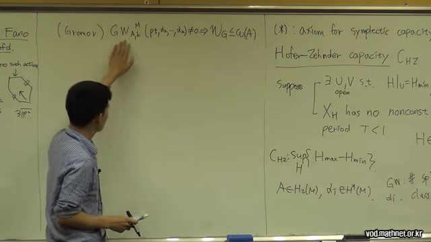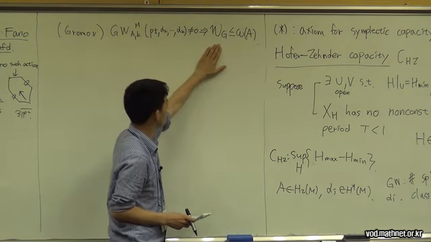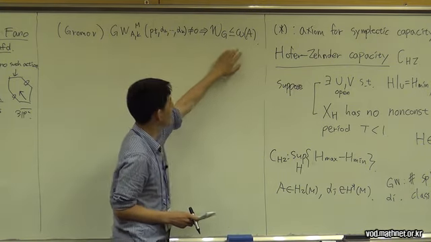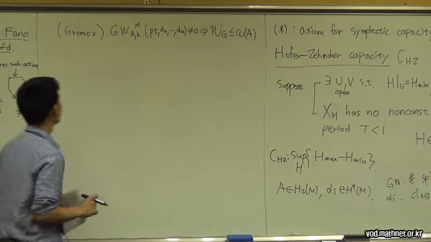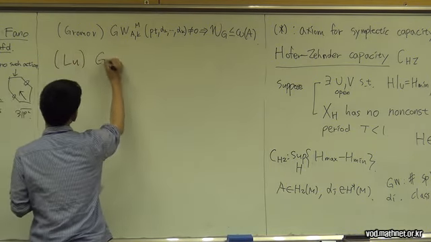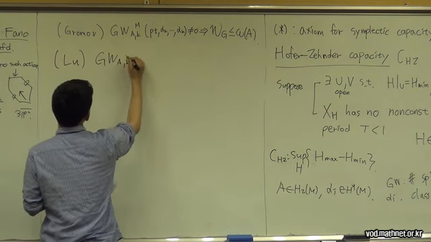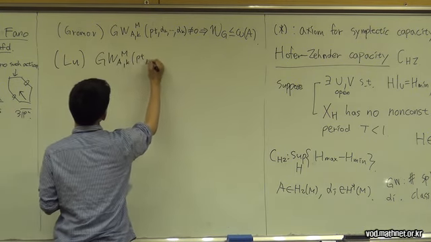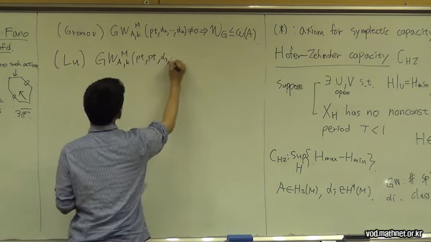And if that's the case, the Gromov-Witten invariant is bounded above by the area of that curve. And Lu's theorem is almost the same, but we need this kind of class. I guess it's just these two cases.